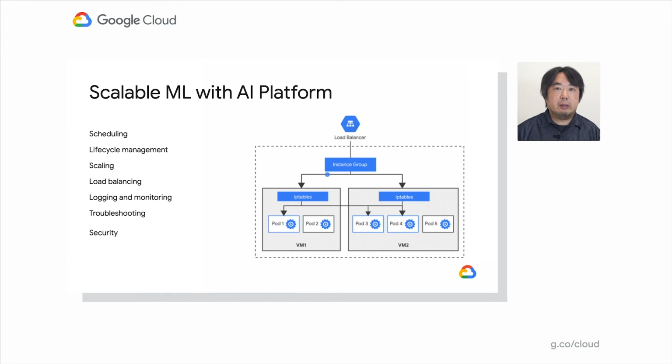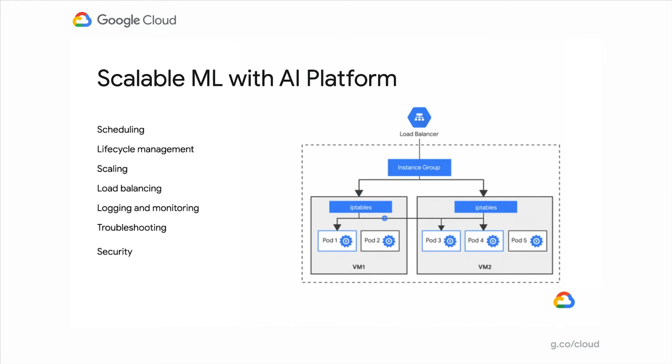So by using Cloud AI Platform, you can easily get those benefits required for the scalable machine learning system. That includes the scheduling of all the instances, lifecycle management of those containers and instances, scaling out and scaling in functionalities, load balancing and dispatching the workloads, logging, monitoring, troubleshooting, and security. You don't have to build those features from scratch by yourself. Instead, those features are already available in AI Platform.